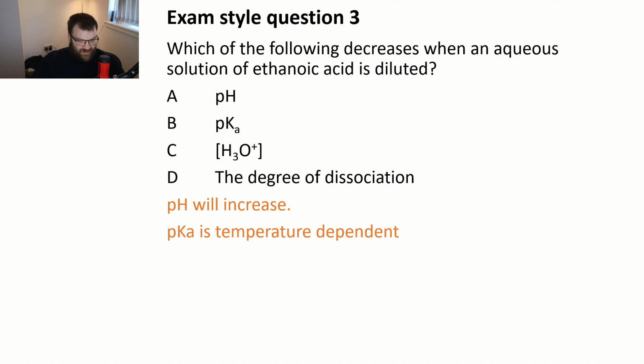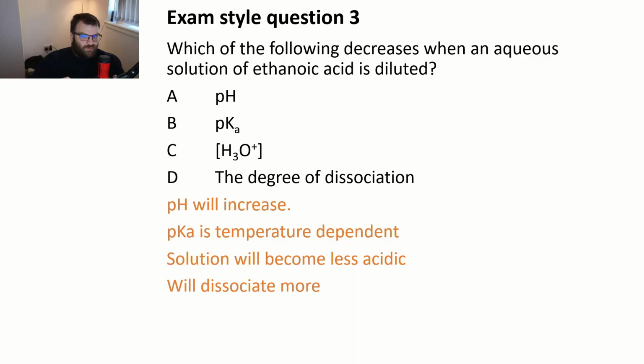It's temperature dependent, not anything else, so that's not looking correct. The concentration of hydronium ions, well, when you add water, it's going to decrease the concentration. It's going to become less acidic, so that all sounds good to me. When you add more water, more of the substance will dissociate, it will break apart. That makes the correct answer C for that one.